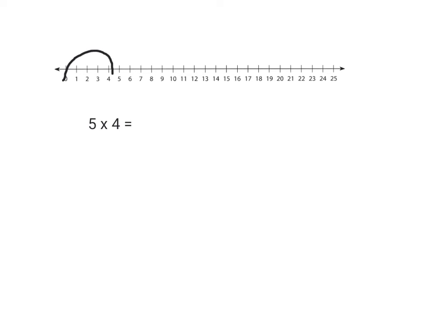Starting at 0, 4, another jump of 4, another jump of 4, that's 4 jumps of 4, and 5 jumps of 4, where we land on the number 20. So, 5 jumps of 4, or 5 times 4 equals 20.